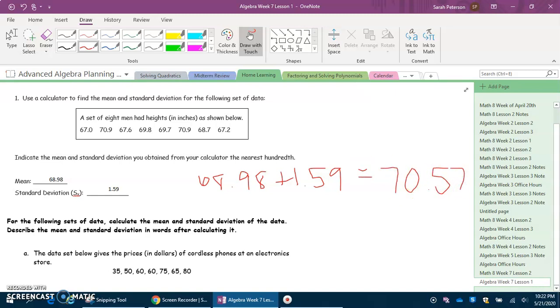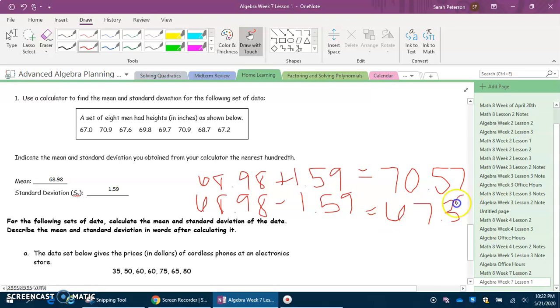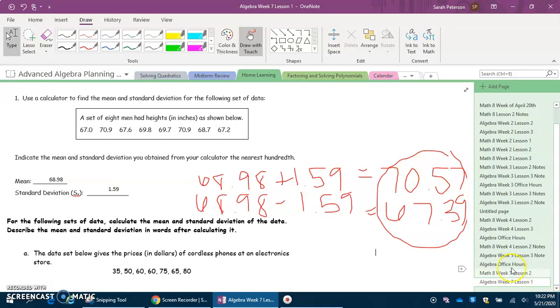And if I do 68.98 minus 1.59, I will get 67.39. So that's saying most of my data is going to lie between these numbers, within one standard deviation of the mean, which just means about this far away. So that's what that means about that data.